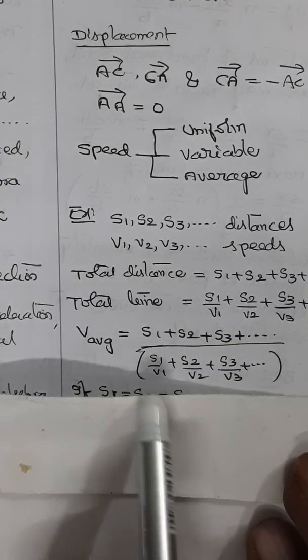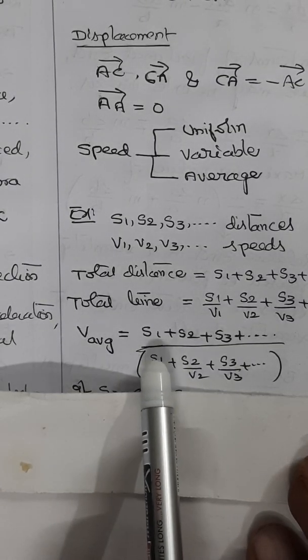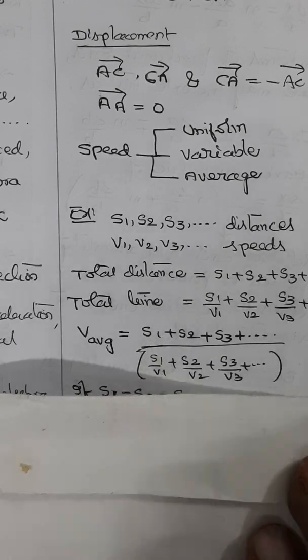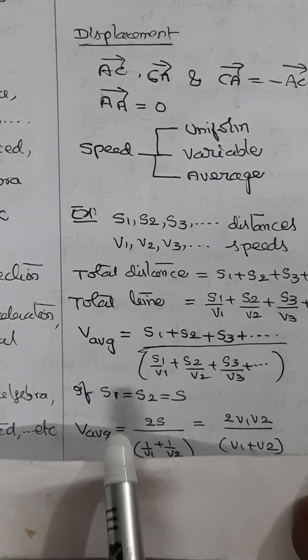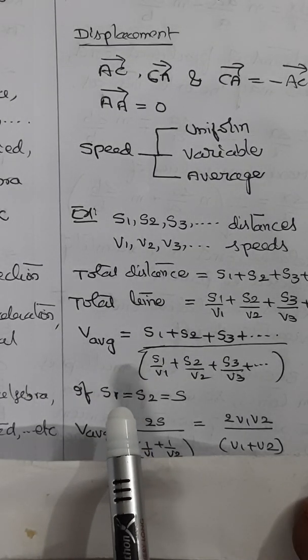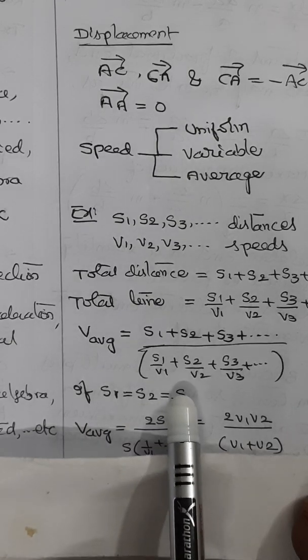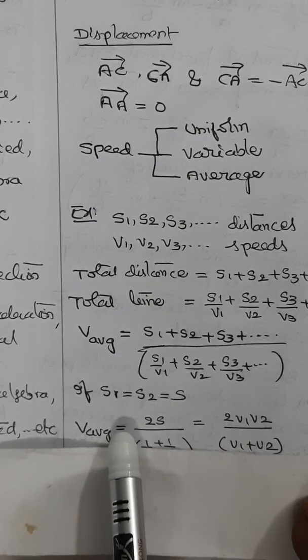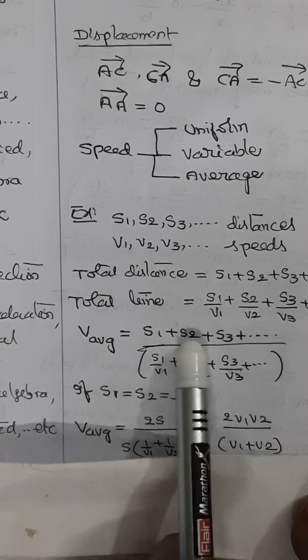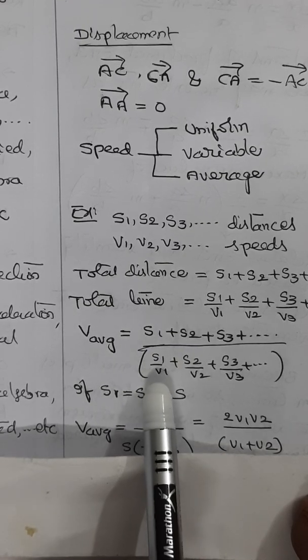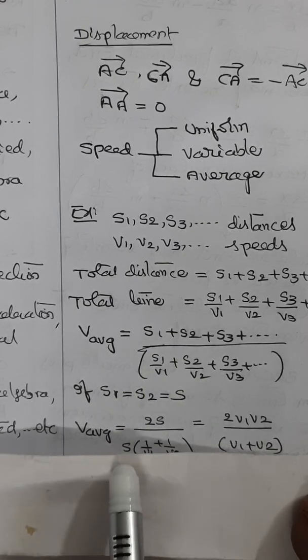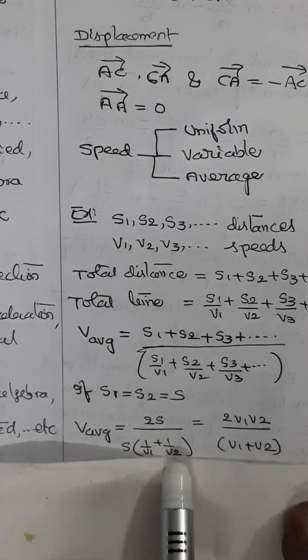Now, having arrived at this expression, let us suppose s1 equal to s2 equal to s. Then the average speed is s plus s, that is 2s, by s by v1 plus s by v2, that is s into 1 by v1 plus 1 by v2.